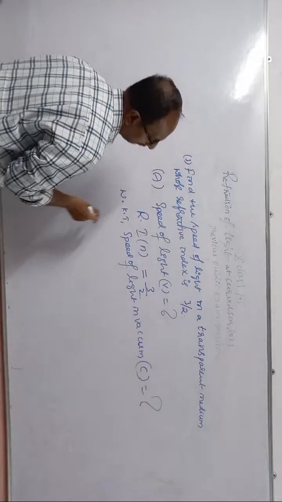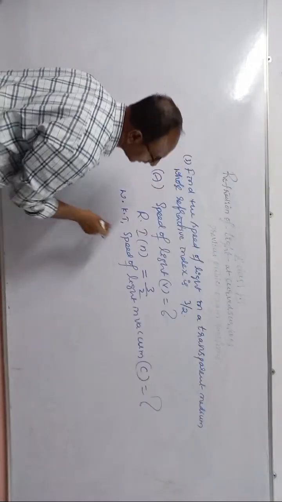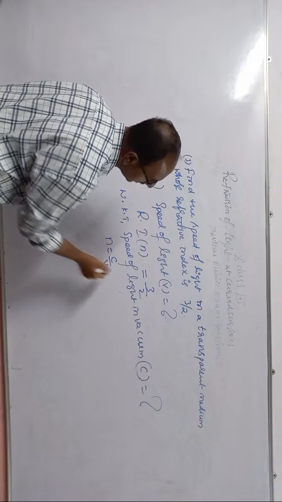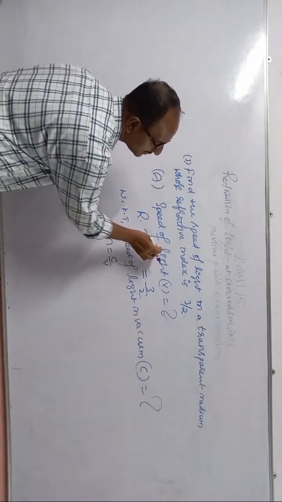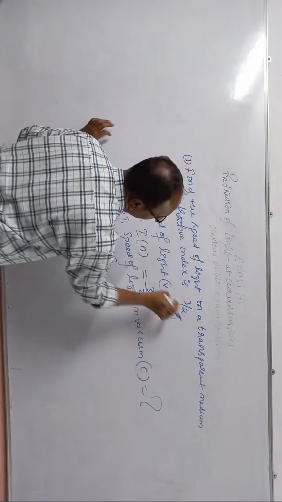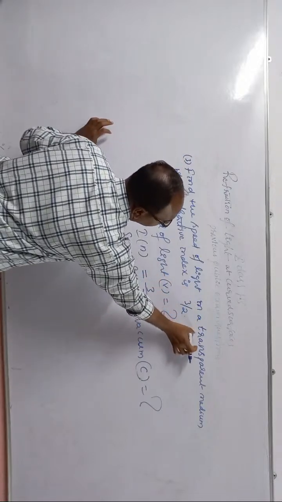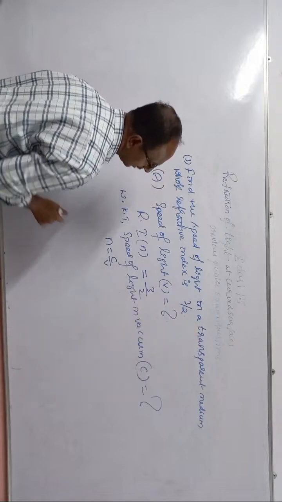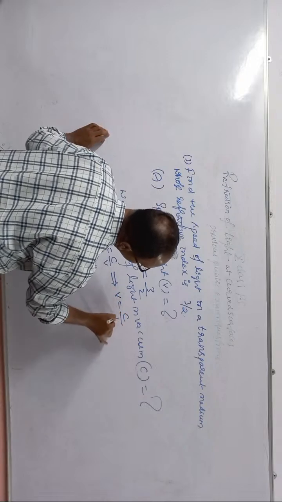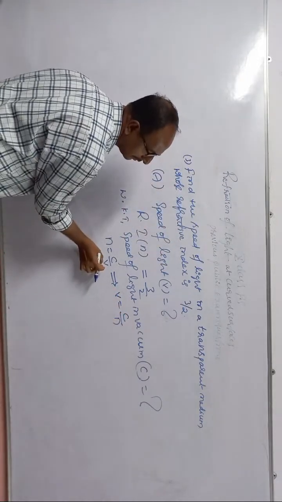So we know the formula for refractive index, students. n is equal to c by v, that is, speed of light in vacuum by speed of light in the given transparent medium, which we are going to find. So speed of light in this medium we are going to calculate. So this implies v is equal to c by n. We want to calculate v.